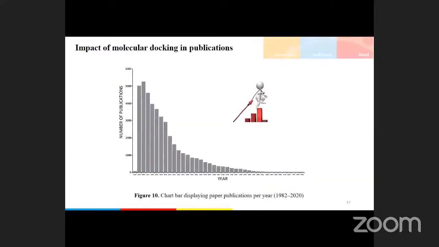This slide indicates the influence or impact of molecular docking in recent publications. If you see in recent years, this is 2013, this is 2018, and this is 2019. Especially from 2017 to 2019, in these past three years, see the impact of molecular docking in publications.